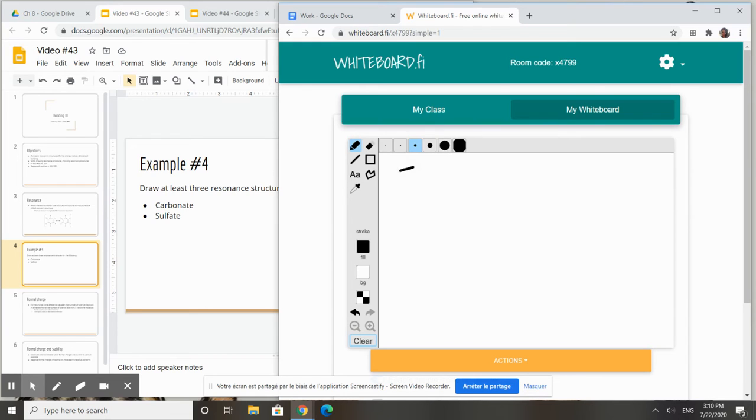And then for the next one, it says you only have to draw 3, so I'm only going to do 3, but there are more.